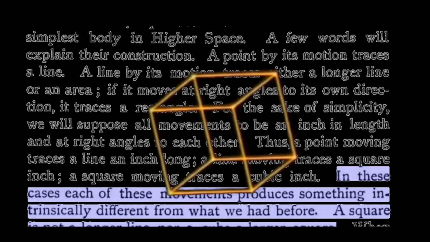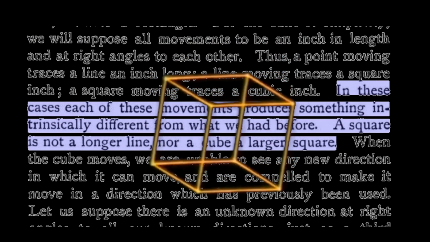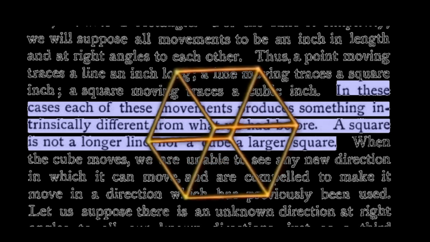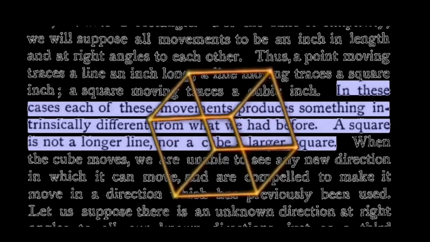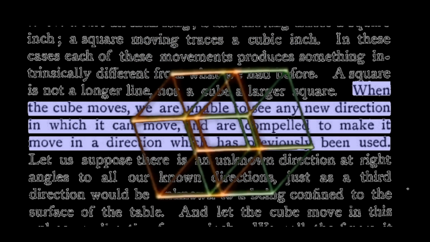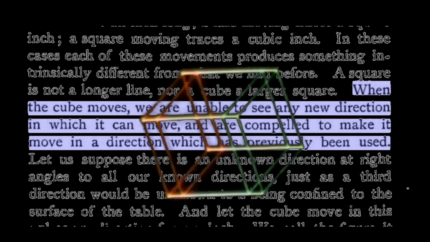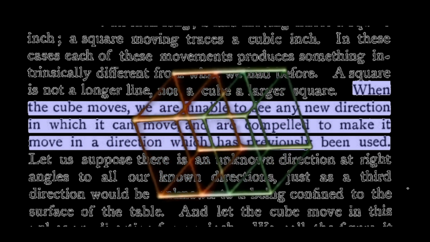In these cases, each of these movements produces something intrinsically different from what we had before. A square is not a longer line, nor a cube a larger square. When the cube moves, we are unable to see any new direction in which it can move, and are compelled to make it move in a direction which has previously been used.